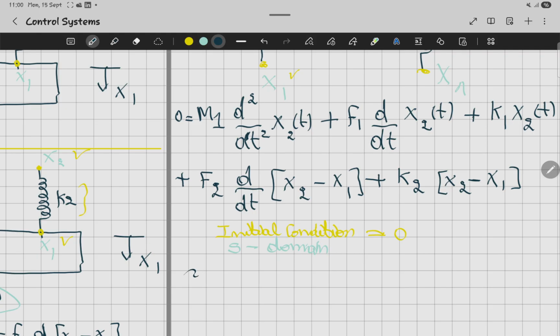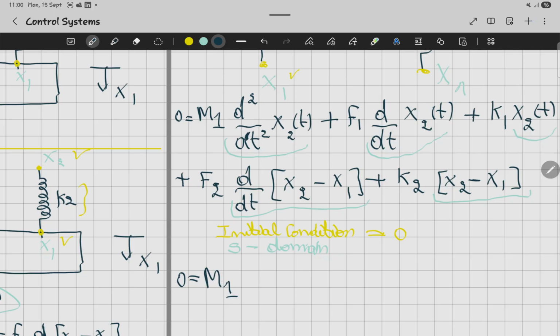You get something like this: 0 equal. The only thing you're going to convert into S domain is this block, that block, and this other block.